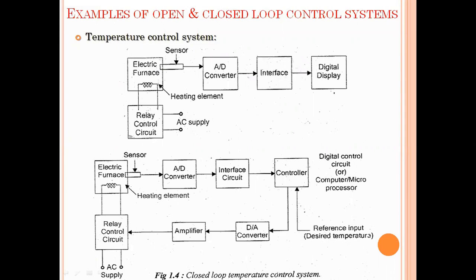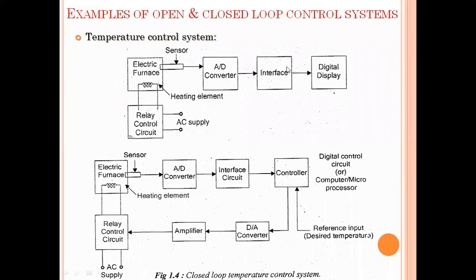But we will have a display, which is in digital format, right? Because now we are living in a digital world. So we need to convert that analog into digital. For that, we need an analog to digital converter. A to D, meaning analog to digital converter, is used to convert this analog signal into a digital signal.